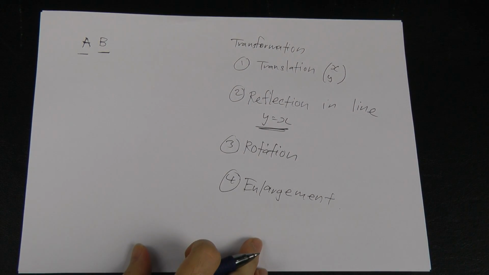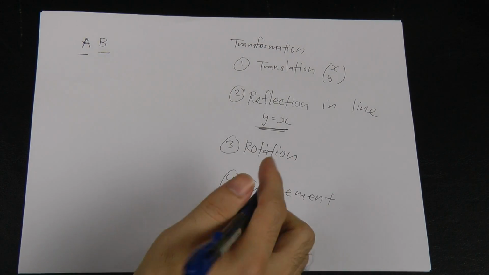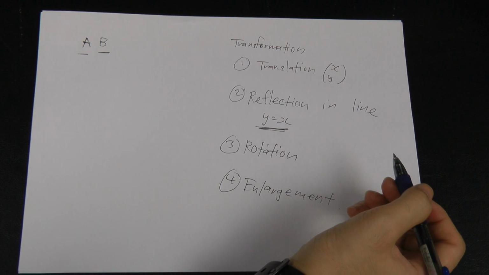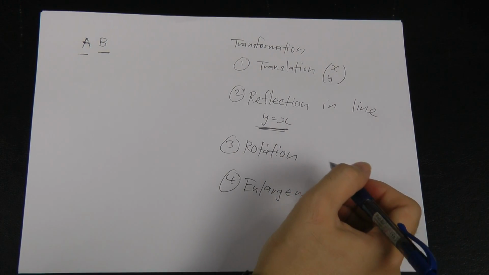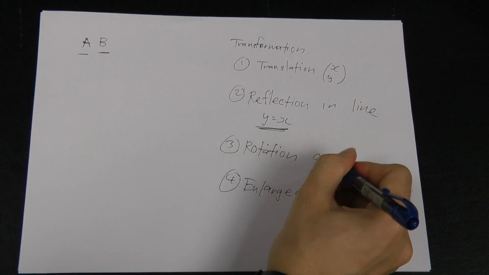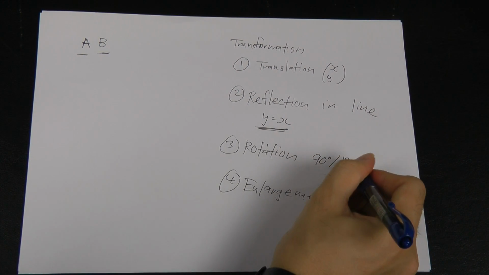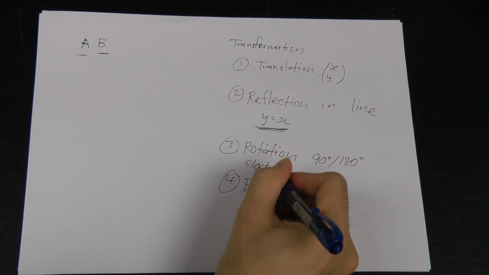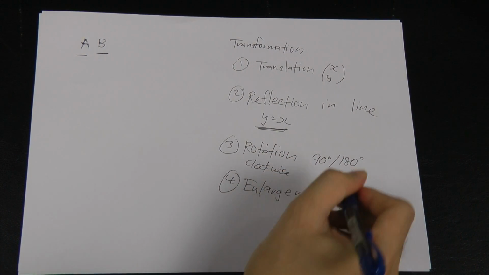Whenever you want to describe fully, for rotation, you must mention it is rotation, and then how many degrees. It can be 90 degrees or 180 degrees, and then it can be clockwise or anti-clockwise.